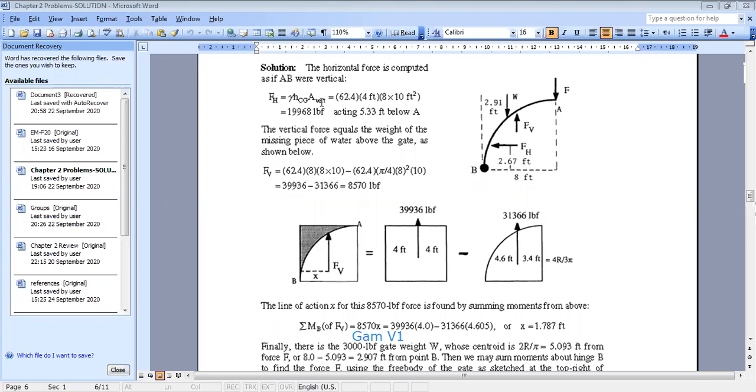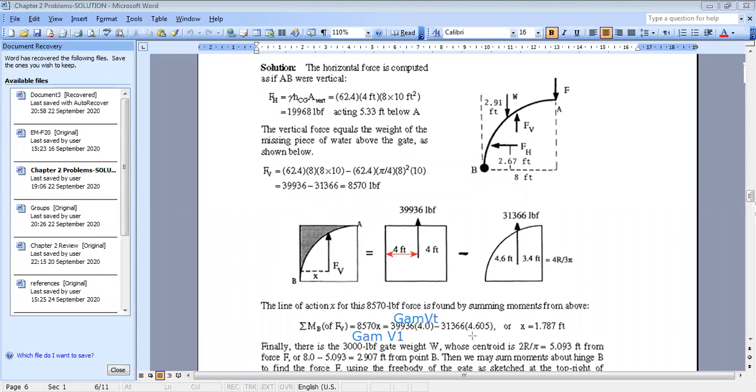gamma times V total. So I can replace this term here. This is gamma times V total times the distance from the centroid of this volume to point B, which is X total, equal to 4.